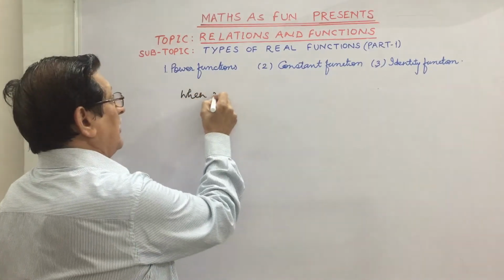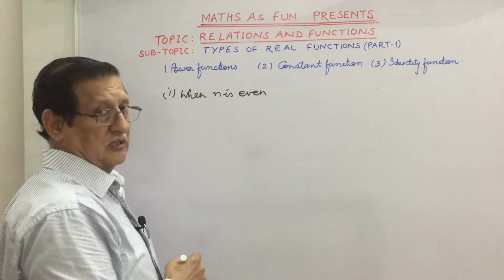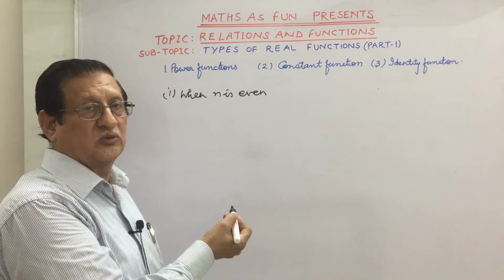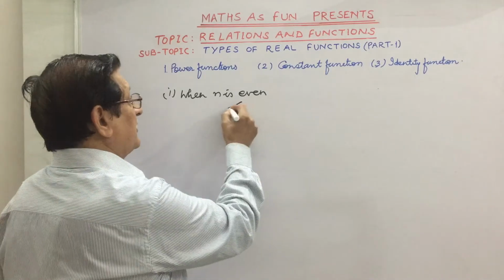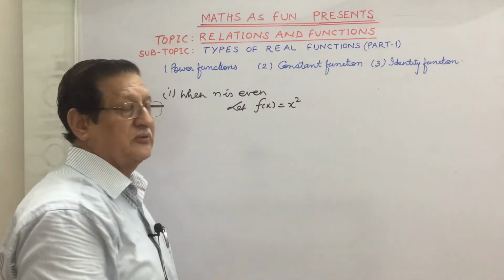When n is even, this is the first case we are taking. We take a as 1, suppose. With some example we can understand this particular function. Let f(x) = x^2. We are taking the minimum even power.